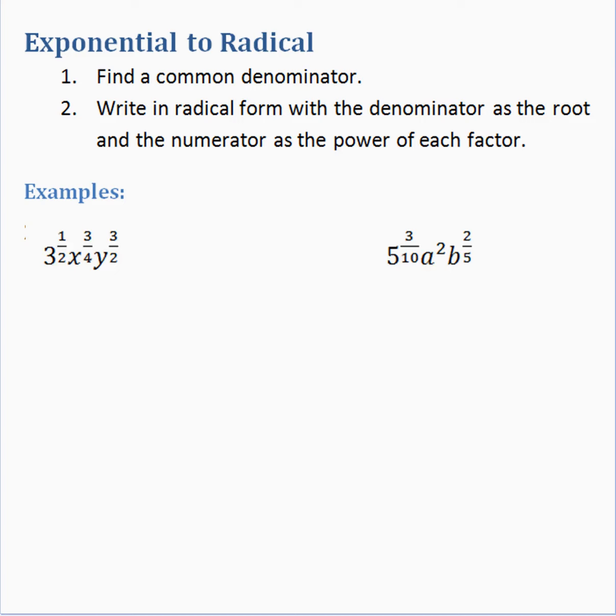Next one, same idea. We need a common denominator. In this one, the common denominator would be 4. So let's write that with denominators of 4. 3 to the 1/2 is the same as 3 to the 2/4, because we want a denominator of 4. This one already is 4. This is to the 3/4. And then y to the, and we can multiply this by 2/2 and realize that's to the 6/4.